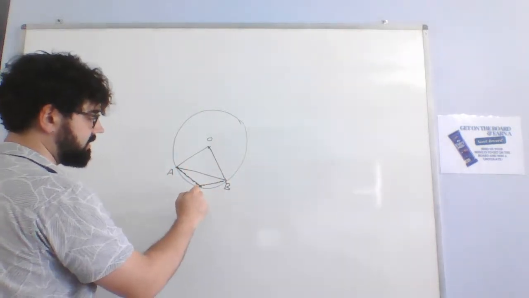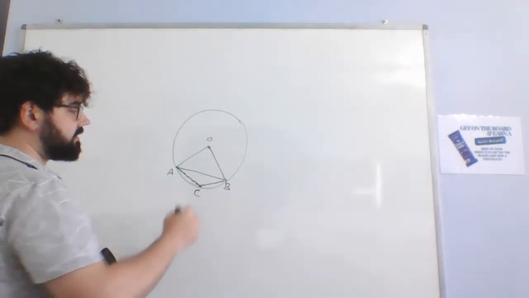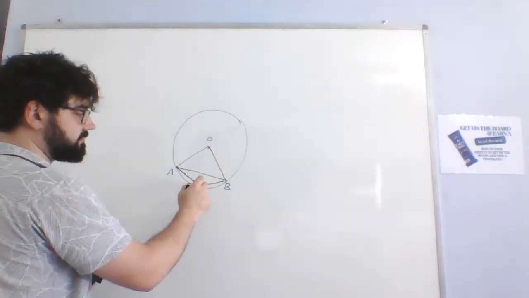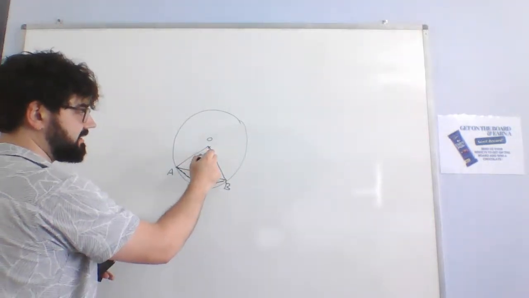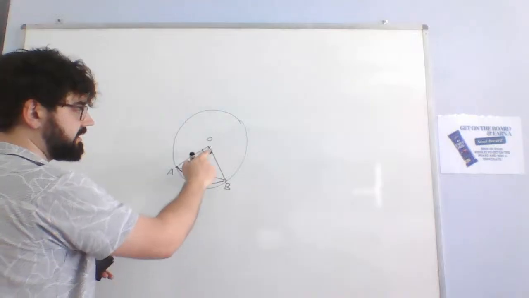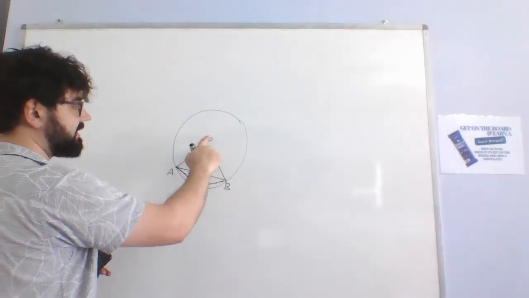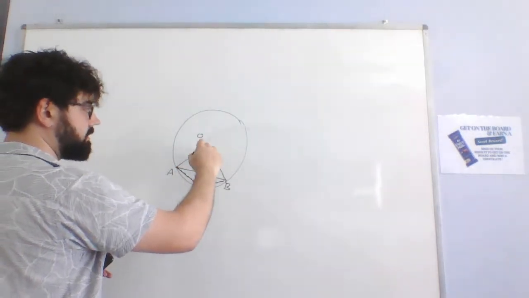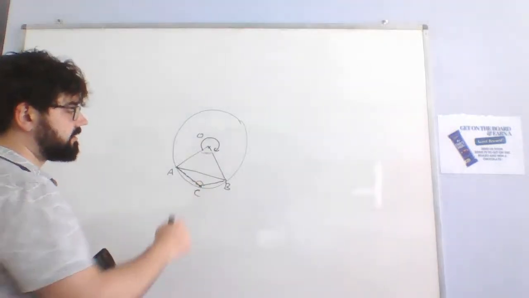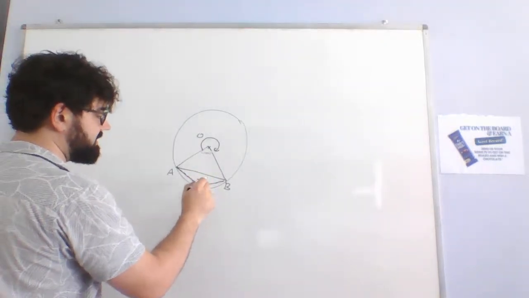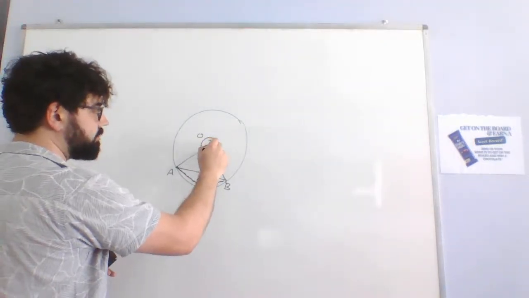And that is our angle C now. So when that happens, this angle C is not actually related to that angle. It's related to the reflex angle on the outside there. So if this angle C is x, then the reflex angle will be 2x.